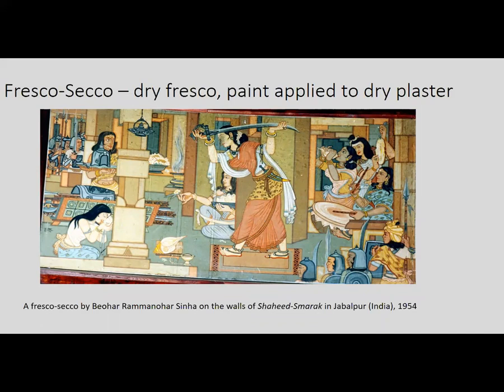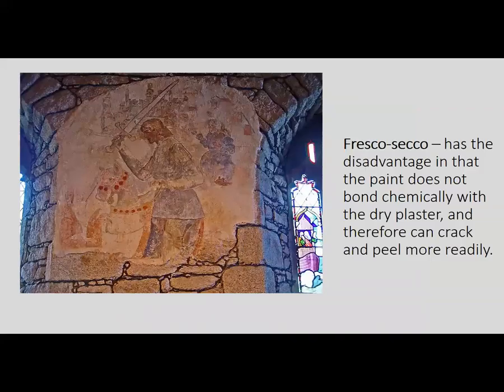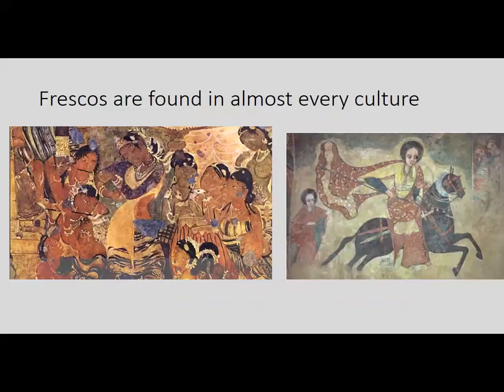So the painting is only on top of the surface of the wall and not bonded with the plaster in the wall. Now the issue with fresco secco is that over time, the paint can crack and peel off the surface more readily. So the colors don't retain their freshness, and the paintings start fading and looking damaged.